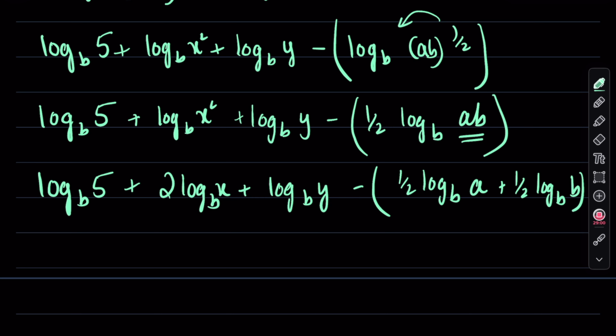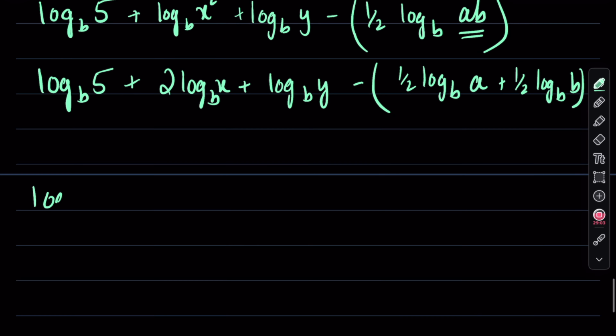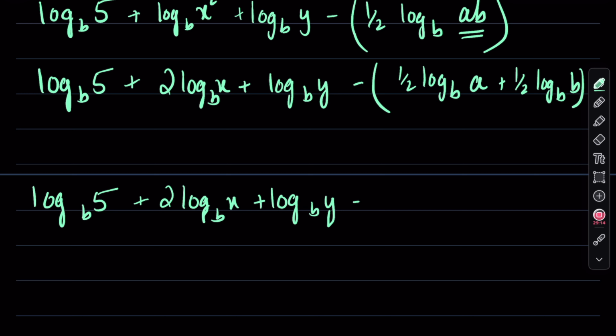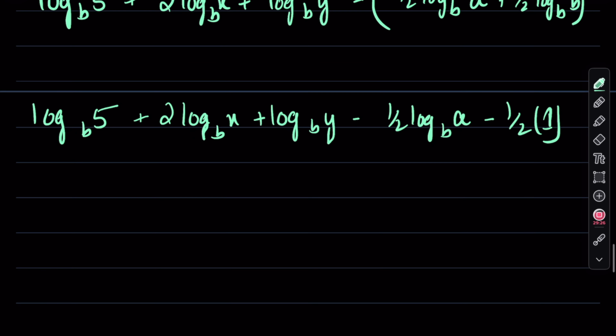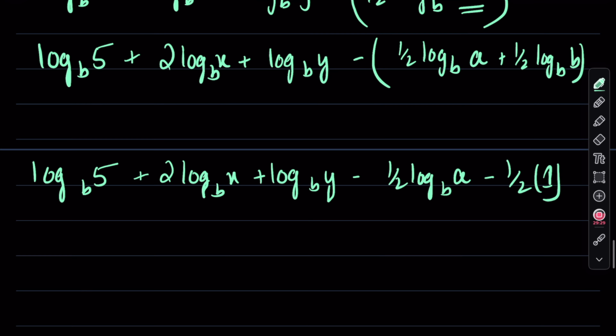Okay, further, log base b argument 5 plus 2 log base b argument x plus log base b argument y negative half log b argument a minus half times 1, because we know that if the bases and the arguments are equal, in this case both are b, so they become 1.